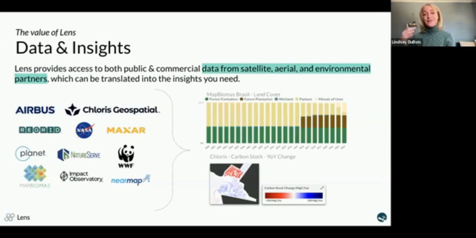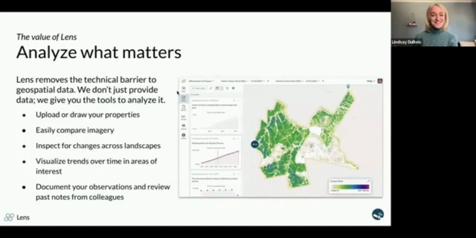We are a reseller of high resolution and commercial imagery. But most importantly, and what really sets us apart, is that we package all of this up into a very user-friendly platform that is designed to facilitate analysis. This is really what differs from that traditional reseller model, where you might get the raw data in some format and still be up against those challenges I outlined earlier.